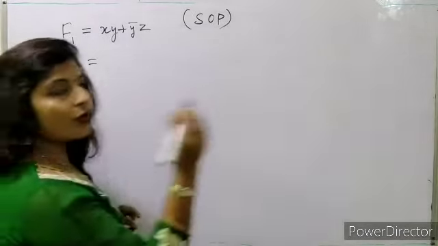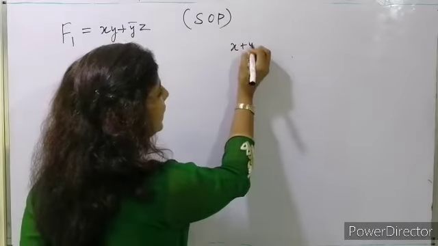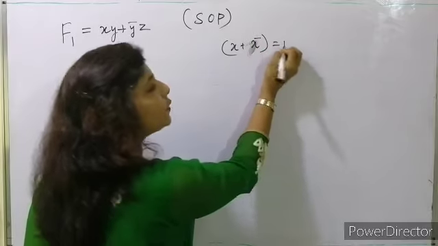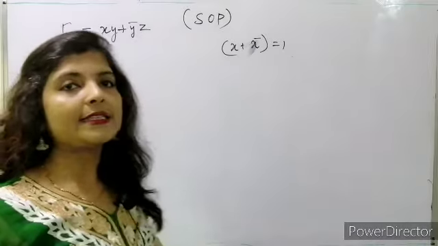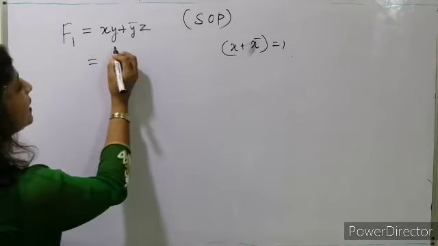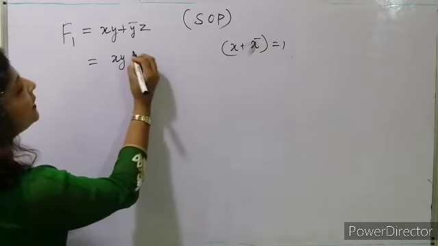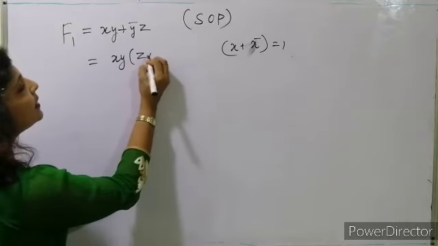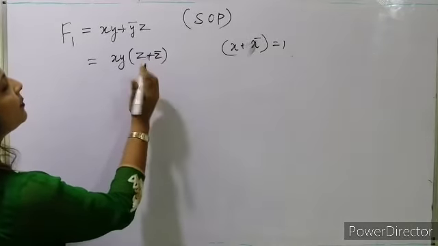How will we do it? You should always remember what we have done. X plus x bar is always equal to 1. Whenever we are adding something with its complement, it will be 1. Okay. So xy into z plus z bar, it will be 1.